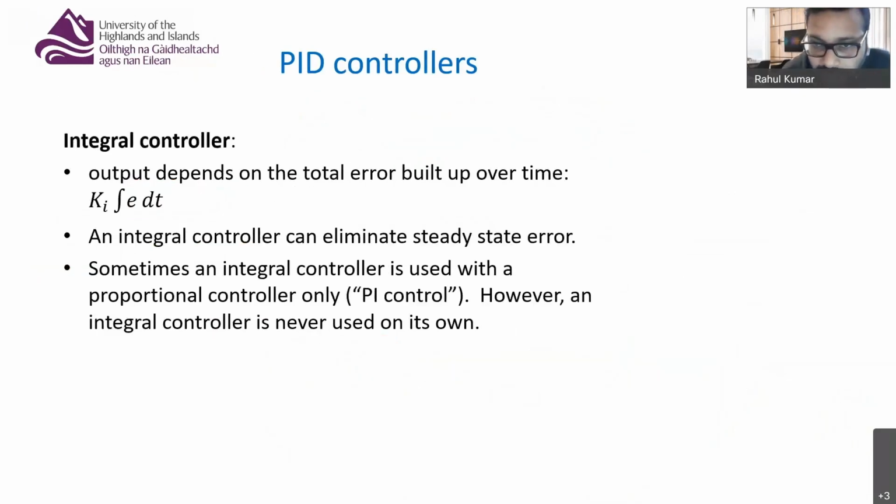Now, the next part in your PID is your integral controller. Okay. So the output of your integral controller depends on the value of Ki and the integration of this error E over time, right?